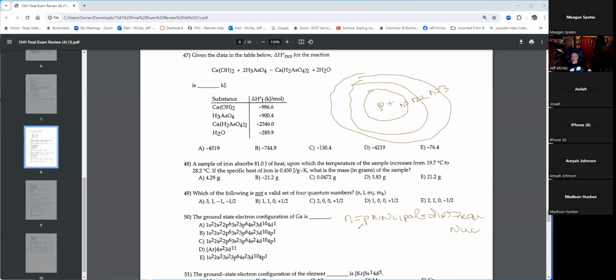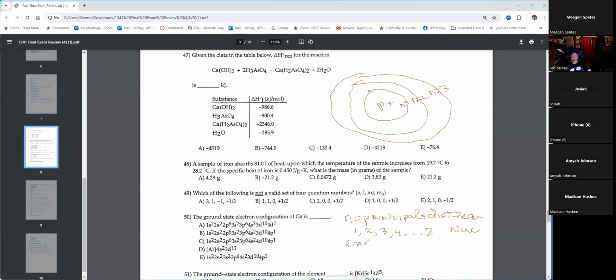It can have values of positive integers, 1, 2, 3, 4, etc. There really is no limit except for the elements of which we are aware in the universe. N equals 7 is all we need. Then we have the azimuthal quantum number. There's a couple of names for it.